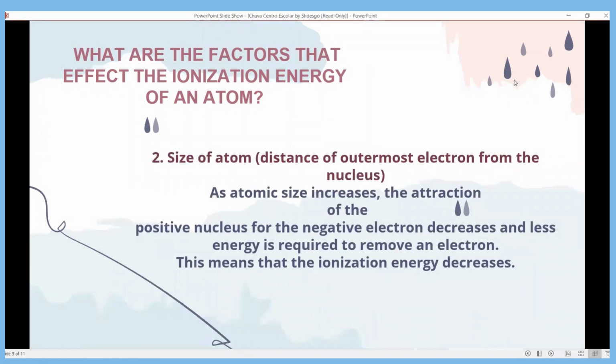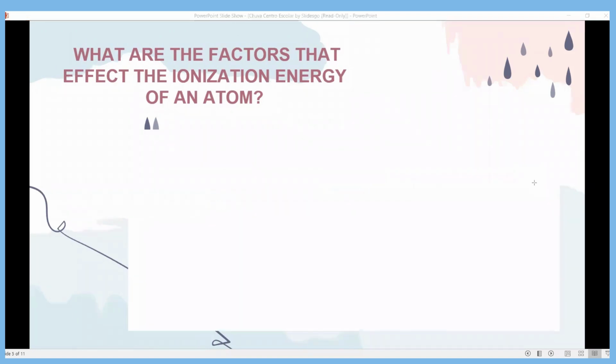The second factor that affects the ionization energy of an atom is the size of the atom, or in other words, the radius of the atom. Let's compare 2 atoms, one with just 2 shells and another with 4 shells, 4 energy levels.